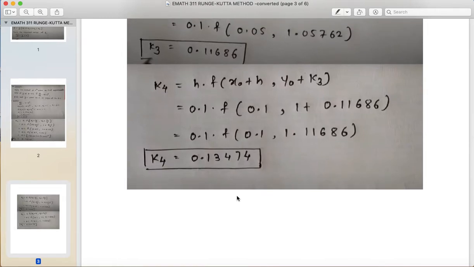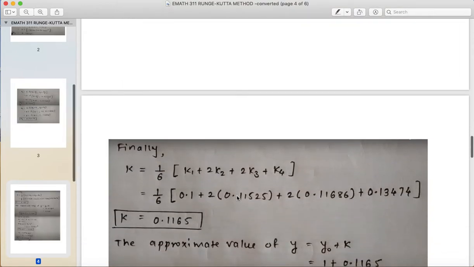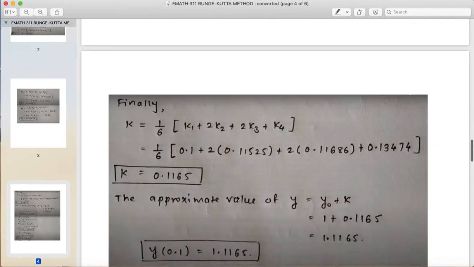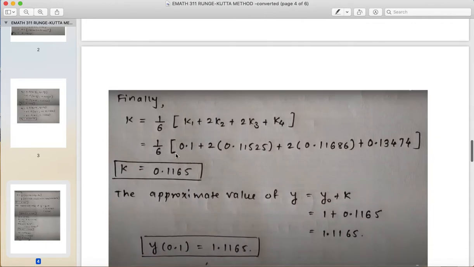So right now we already have k number 4. Finally, we need to find k, which is our last formula from earlier: 1/6 times k1 plus 2k2 plus 2k3 plus k4.